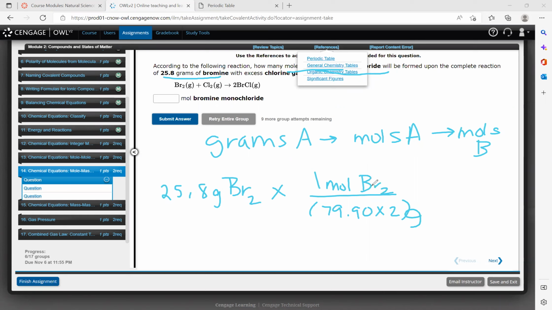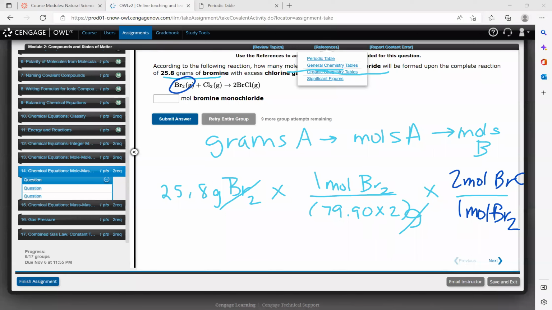The grams are going to cancel out. And now we can go from moles of A to moles of B using the balanced equation. We have 1 mole of Br2 over 2 moles BrCl. So now we're going to total this guy up.